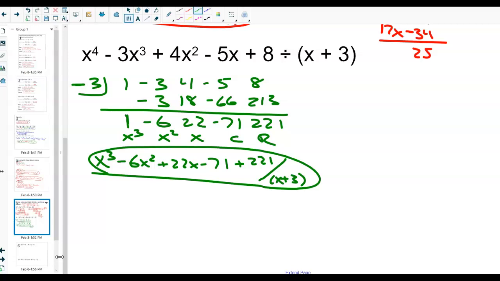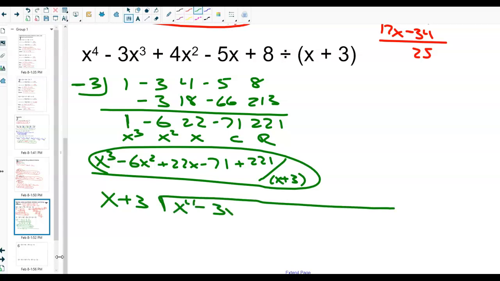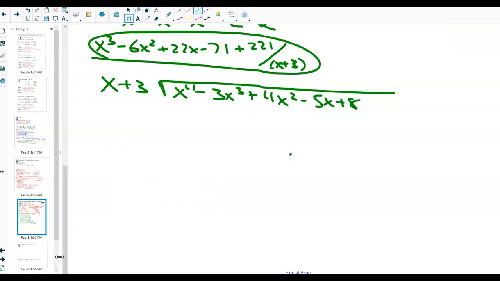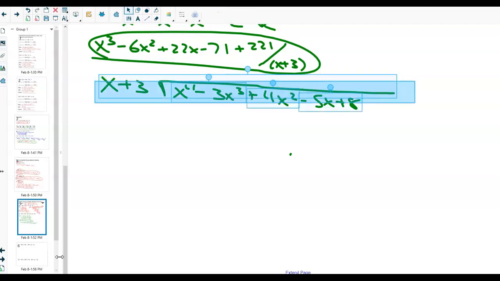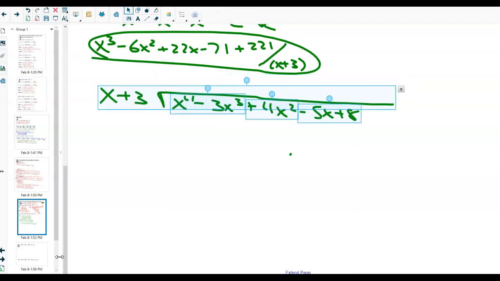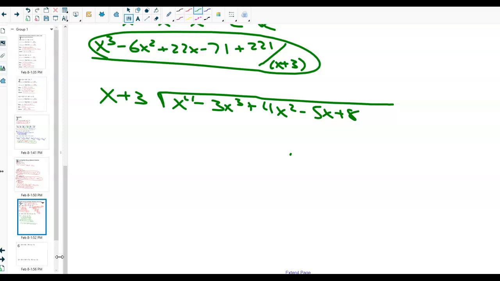Okay? Now, the long division way, x plus 3, and that's x to the 4th minus 3x cubed plus 4x squared minus 5x plus 8. Just move this down a little bit more. There we go. Okay. What times x gives me x to the 4th?